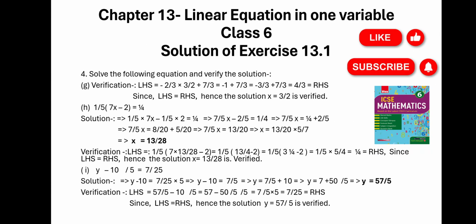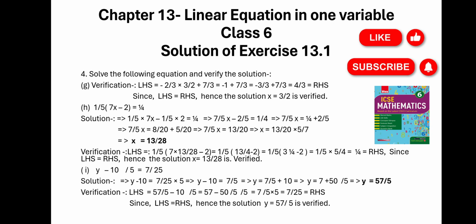Now verification of that. LHS is negative 2 upon 3 into 3 upon 2 plus 7 upon 3. That is negative 1, because 2 upon 3 and 3 upon 2 are reciprocals of each other, and when they are multiplied you get negative 1, because negative 2 upon 3 is there.